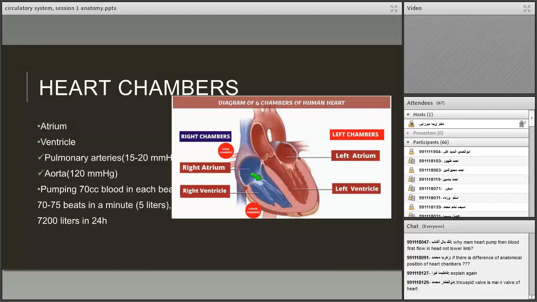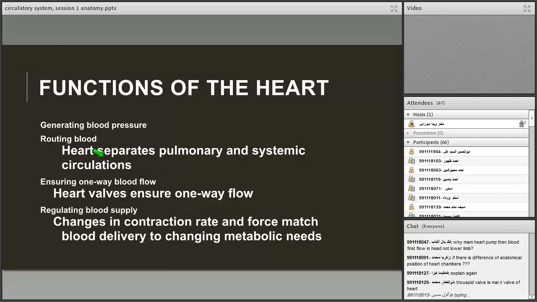Yes, the tricuspid valve is between the right atrium and right ventricle. The blood will pass through this valve and come into the right ventricle. By pumping, the heart will pump the blood from the right ventricle to the pulmonary arteries.